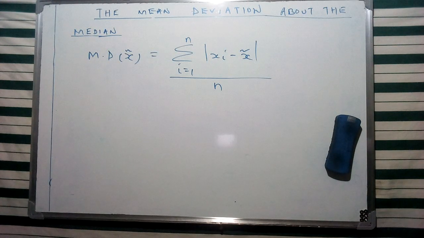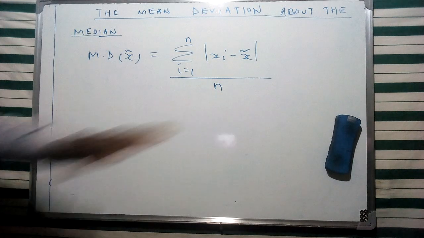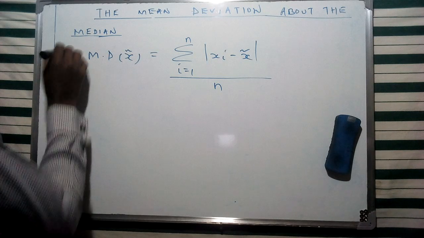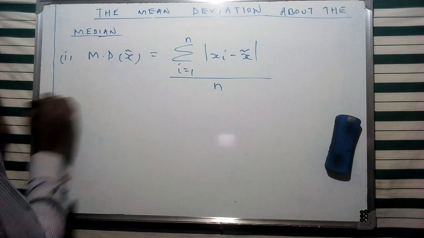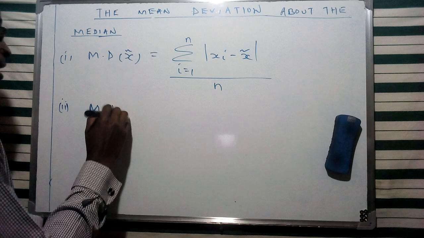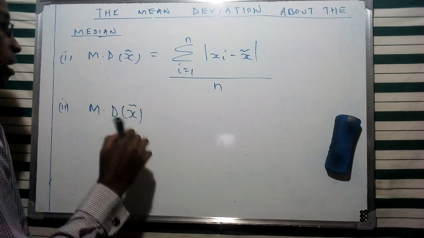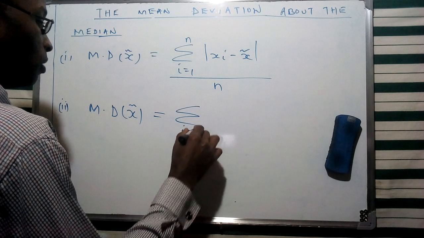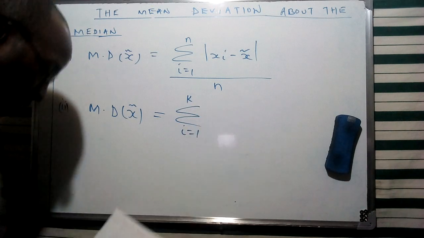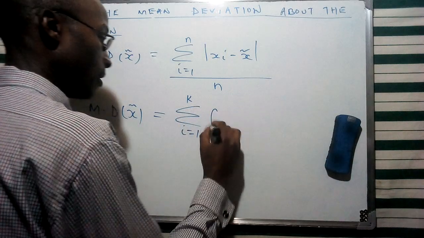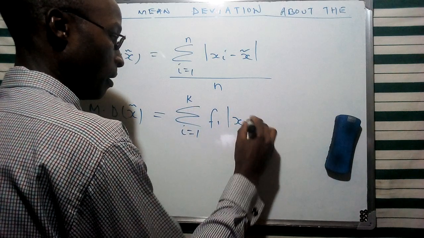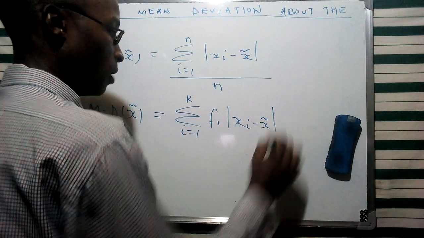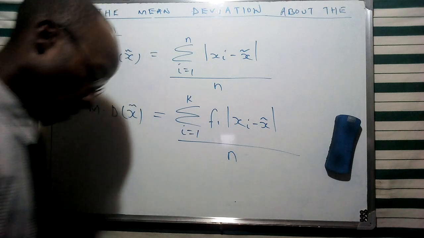In case we have a frequency distribution, we're going to have a second variation of this formula, and therefore the mean deviation about the median is going to be given as the summation from 1 to k of the frequency fi times the absolute value of the deviations about that median, divided by n.